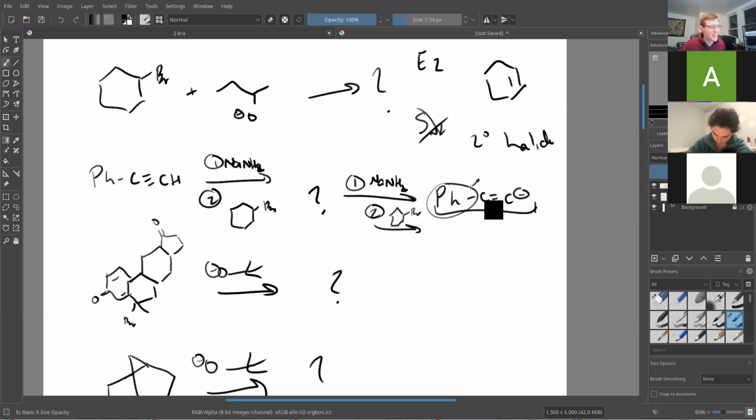So this is going to be preferentially E2 because this thing is really basic. From that minus sign, the conjugate acid has a pKa of like 25, so it's going to really prefer being that acid. We get the same thing as last time. Isn't that kind of lame?